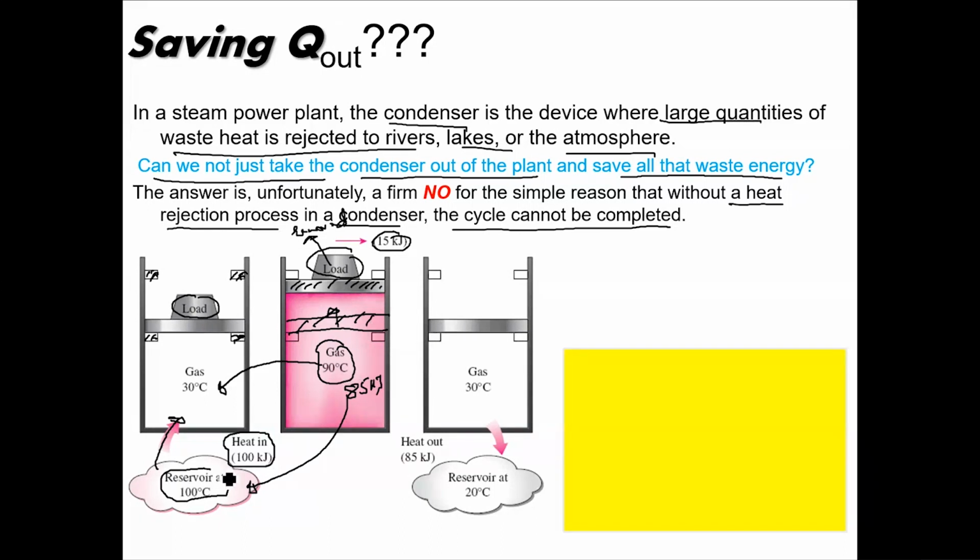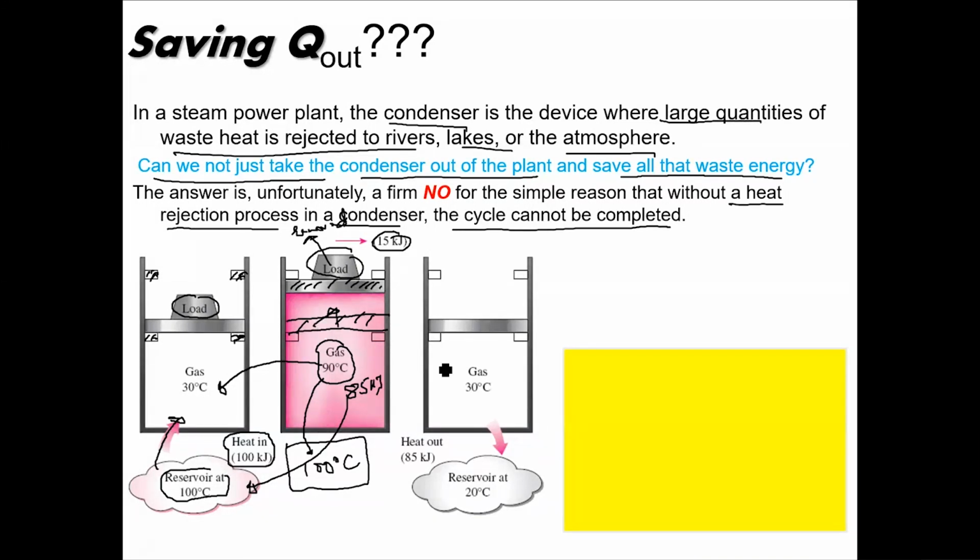But if I bring this reservoir, which is at 100 degrees centigrade, in contact with the second state of my system, would there be any heat transfer from the cylinder to the heat reservoir? No, sir.